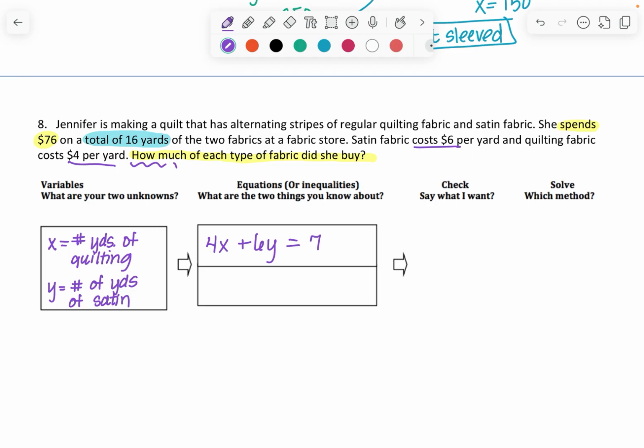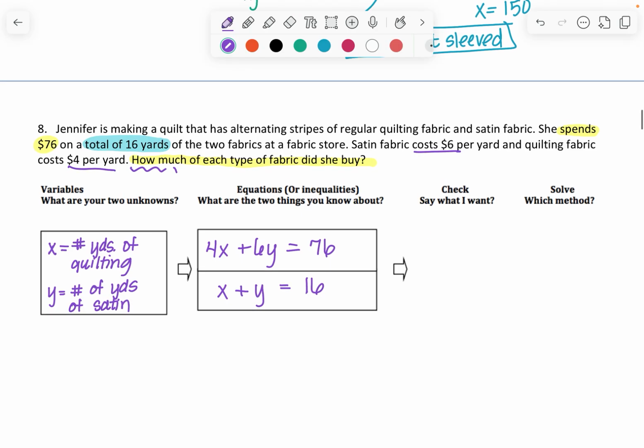And combined, she spent a total of $76. Then it tells us that the total amount that she bought was 16 yards. So that one is just going to be simply the number of yards of quilting plus the number of yards of satin equals the total of 16. Okay, so again, our first equation was based on the total amount that it cost, and the second equation is based on the total number of yards.